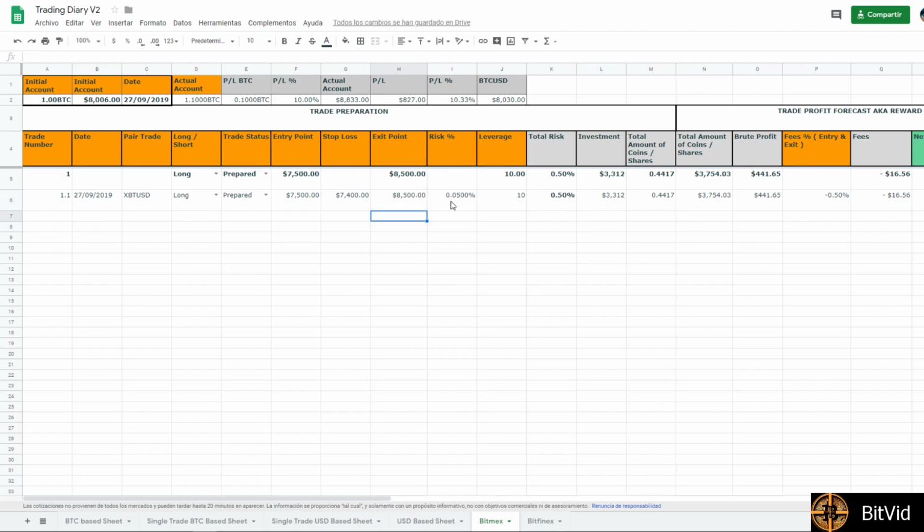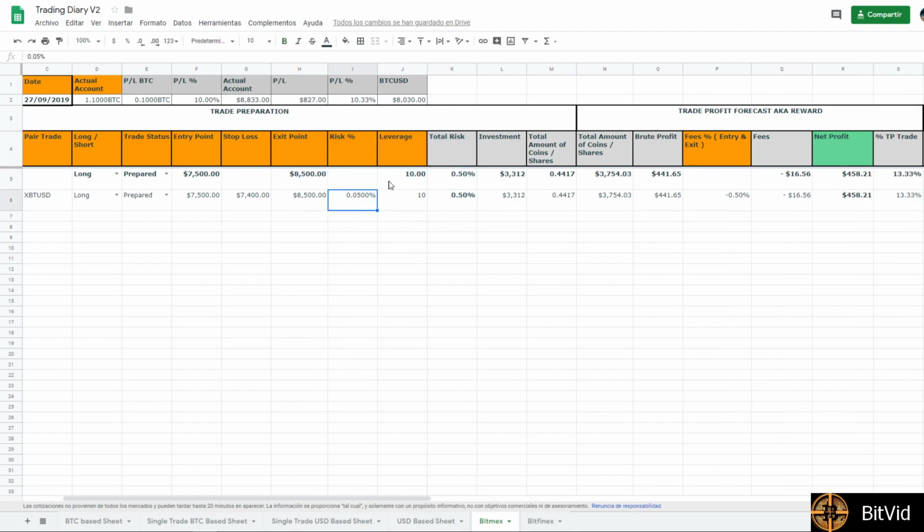Now, the important thing. For me, this is the most important thing of everything. As we are in BitMEX, we have a leverage cell. So let's imagine that we use 10x leverage. So here we put, let's say, 1. It means that we are risking 10% of the total account. This is too much money.